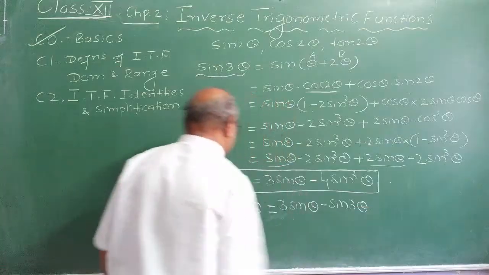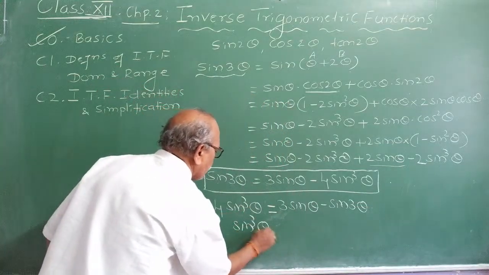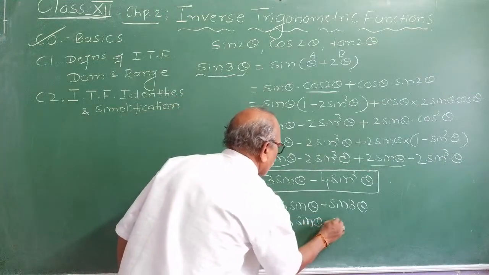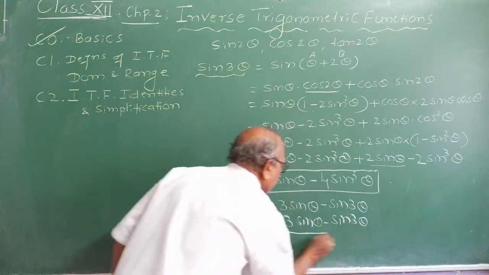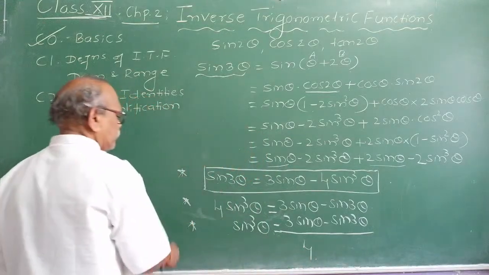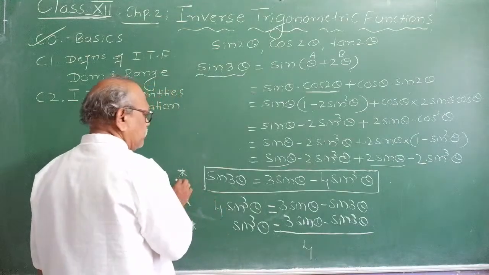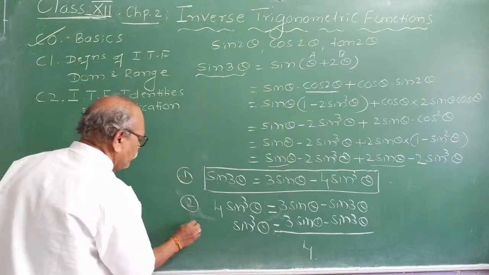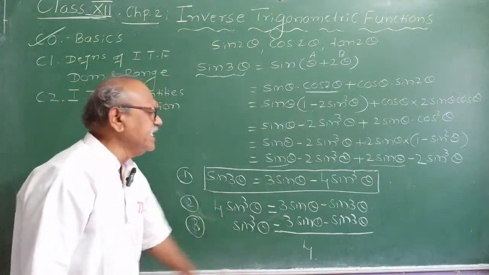Take the 4 to the right, you will get sin cube theta is equal to 3 sin theta minus sin 3 theta divided by 4. Give a number to it. Continue the number of identities. This is the first formula, this is the second one, this is the third. Continue the number. This is useful later in integration.